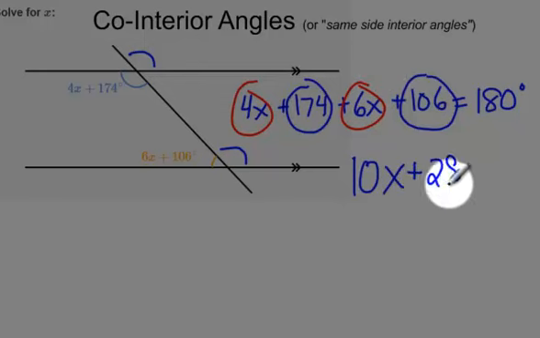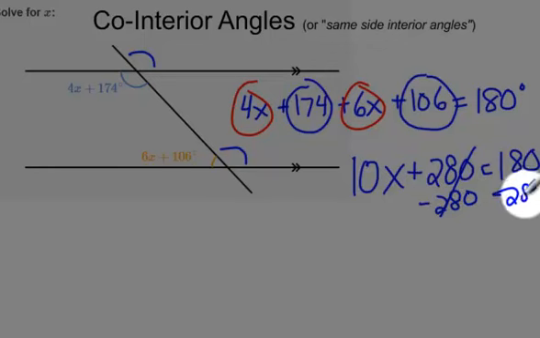Plus 280 is equal to 180. Whoa. This answer is kind of weird. So I'm going to subtract this from both sides. 280 from this side, gone, minus 280. So 10x is going to be equal to negative 100, because 180 minus 280 is negative 100.